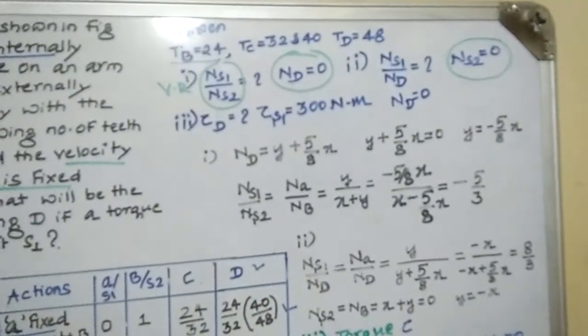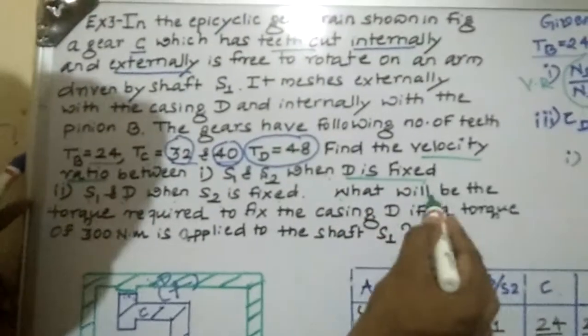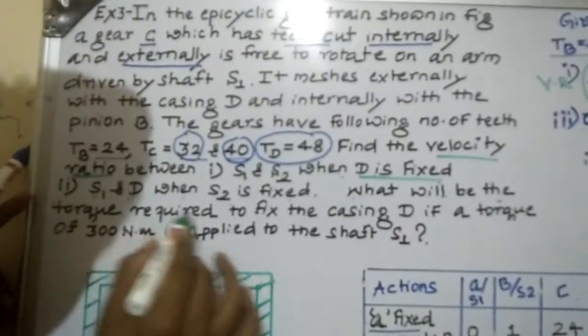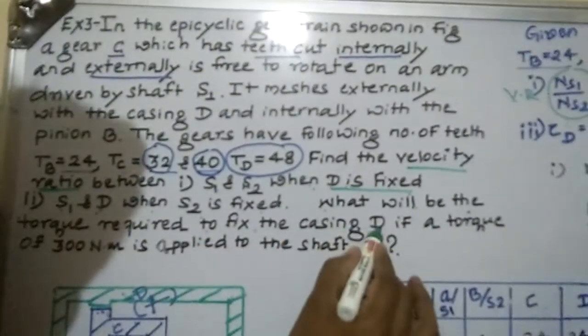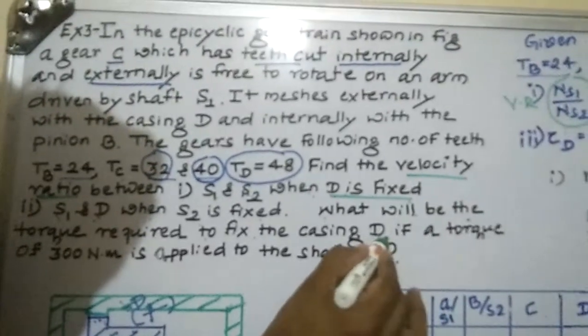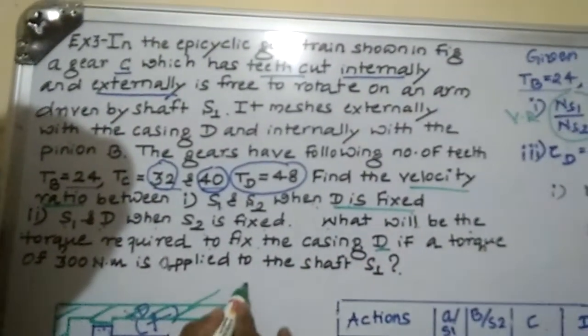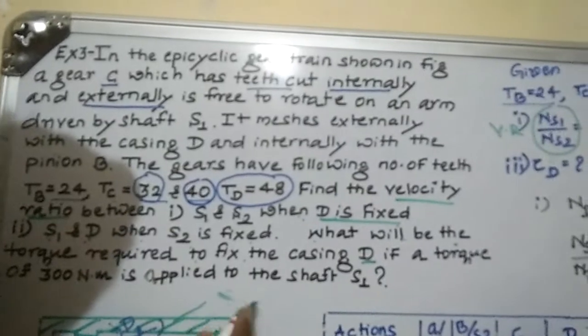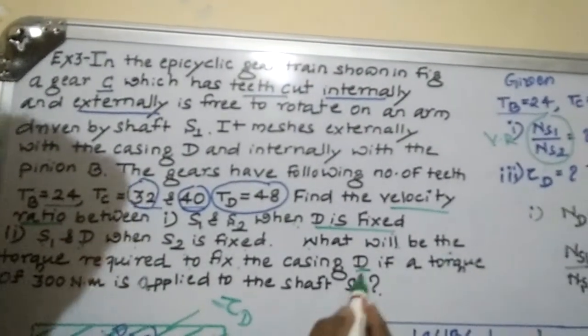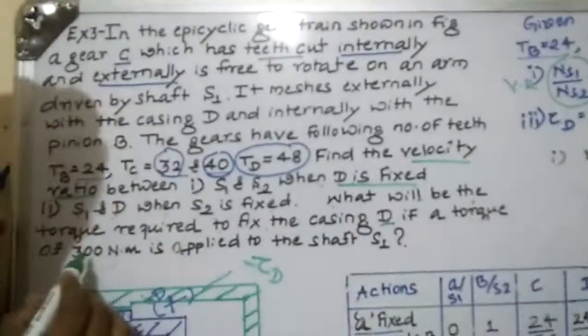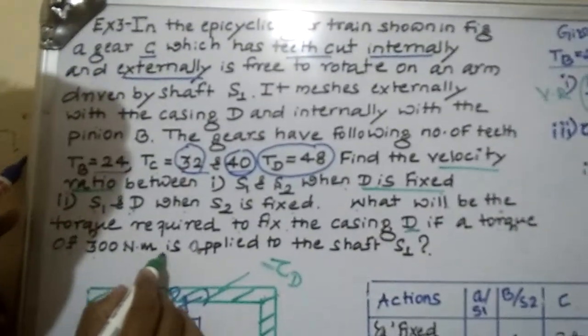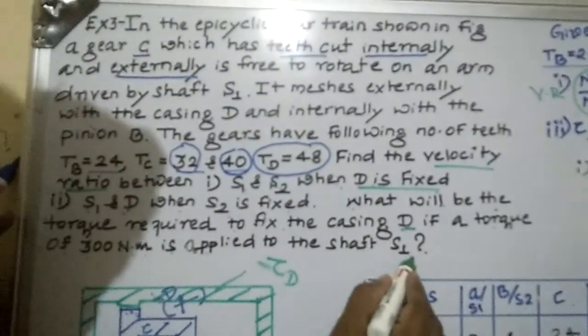And the third case also, you have to find what will be the torque required to fix the casing D, how much torque is required. What is the value of the torque on casing D if a torque of 300 Newton meter is applied to shaft S1?